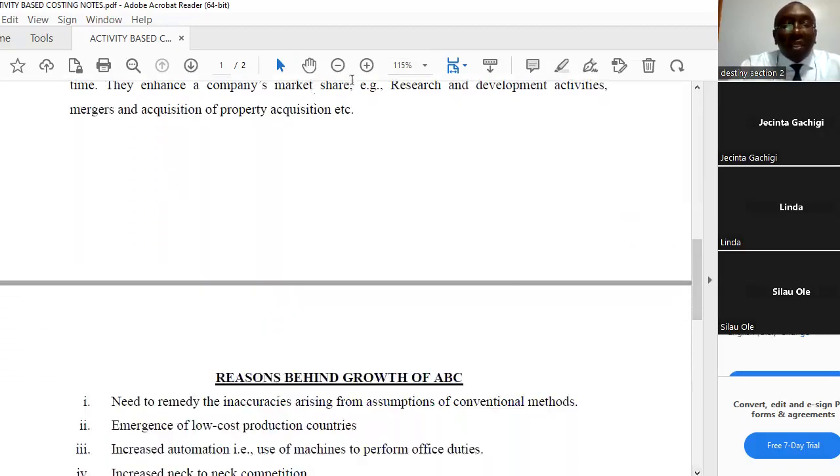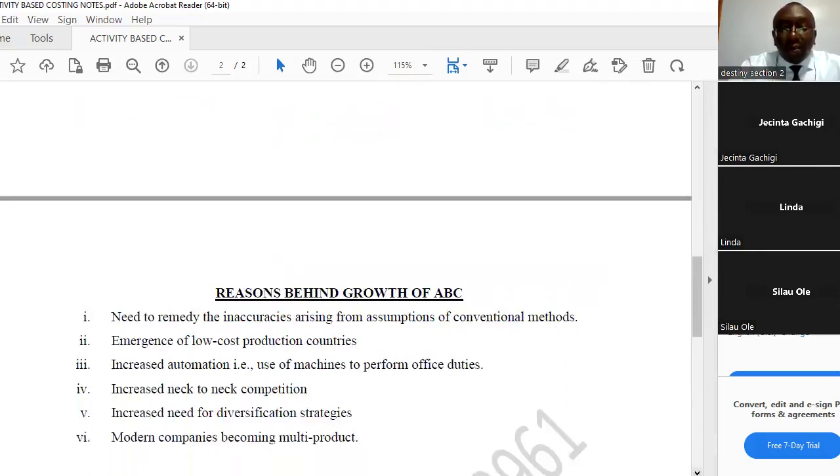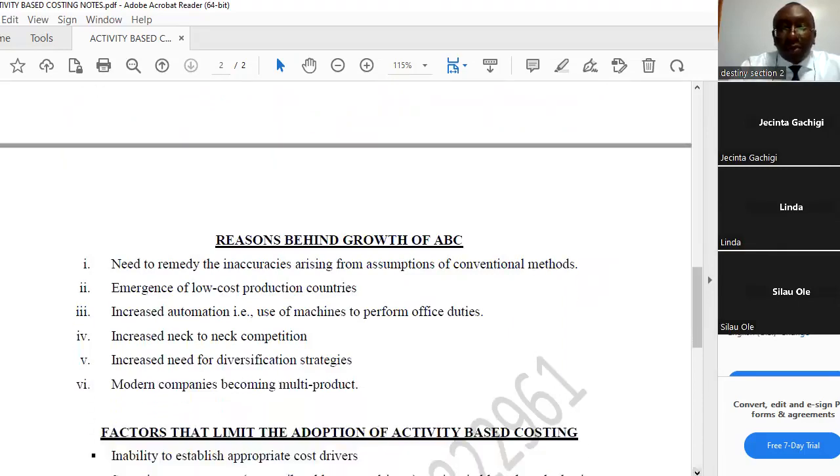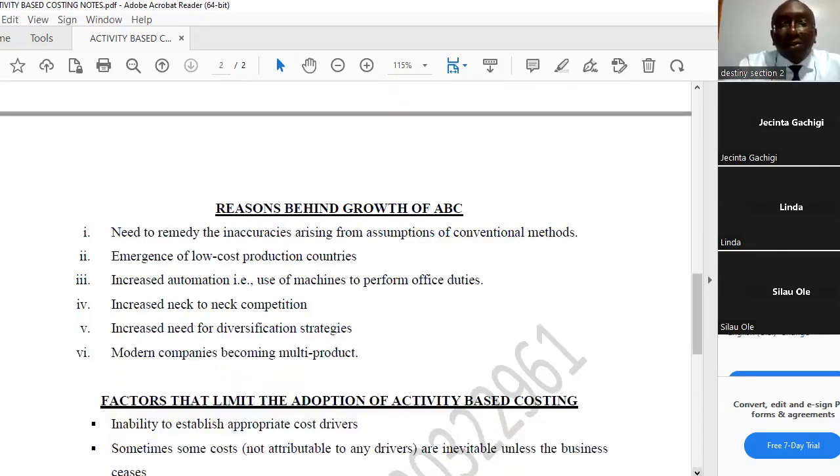Now, the next thing is about the reasons behind the growth of ABC. Why do we have to adopt ABC, and we already have other methods? We have the marginal costing. We have the absorption costing. One is that there is need to remedy the inaccuracies arising from the assumptions of the conventional methods. The marginal costing and absorption costing assume that costs can be separated into fixed and variable categories.